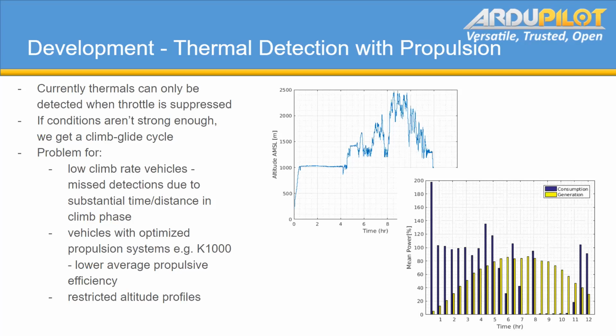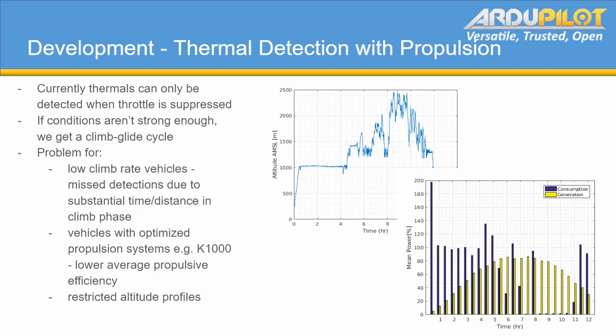If we want to use soaring, we want to use thermaling, but the conditions aren't quite strong enough to remain airborne purely using thermaling, we end up in a gliding descent, followed by a climb, and then a gliding descent. So we end up with this saw-toothed climb-glide sequence, and this can be a problem for a few different types of vehicles.